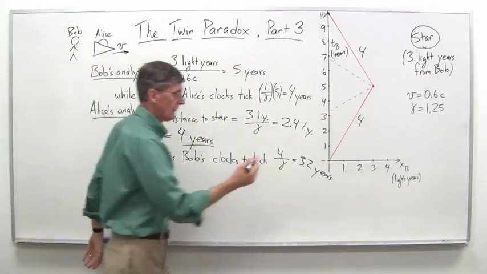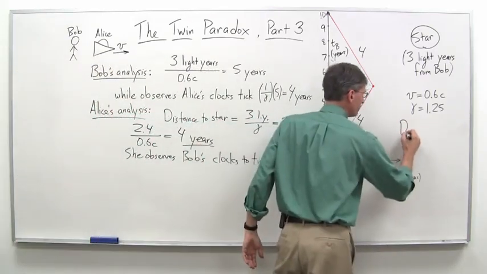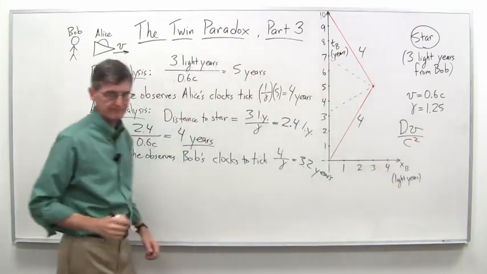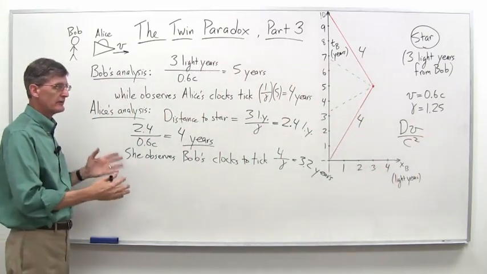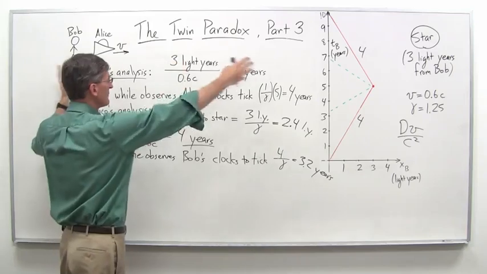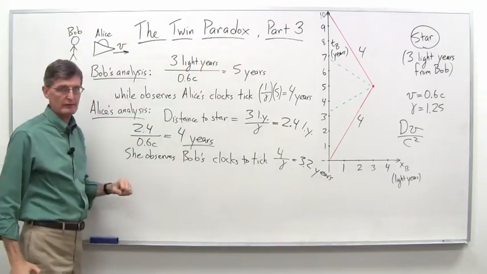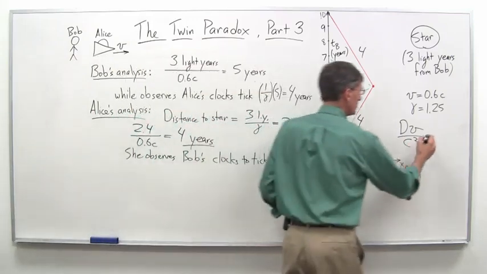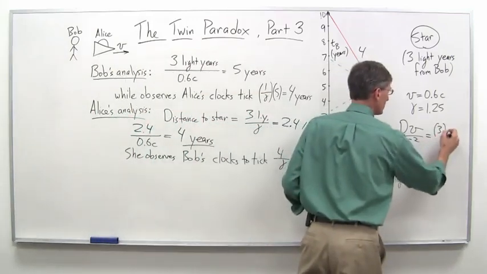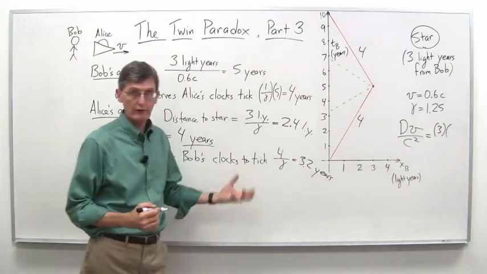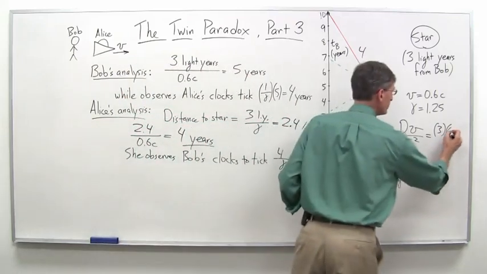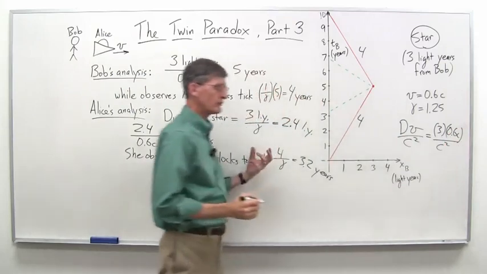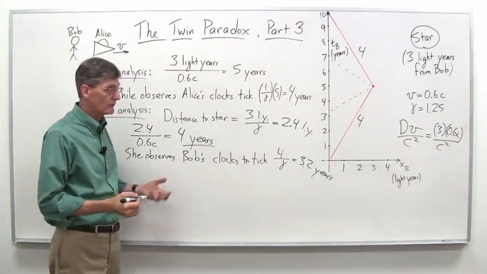And remember that the leading clock lag factor is dV over c squared, where d is the distance in Bob's frame of reference between him and the star. That's 3 light years, and velocity is 0.6 c, divided by c squared, but remember c is 1 in the units we're using, so c squared is 1.